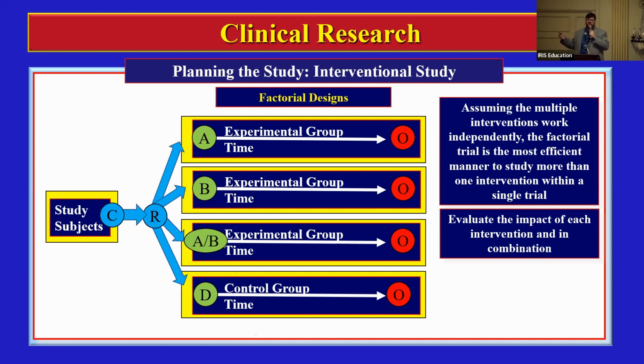So a lot of times studies early in COVID were looking at the combination of azithromycin and hydroxychloroquine. So back in the recovery trial, one of the study arms was actually this AB crossover group where they had both azithromycin, hydroxychloroquine. And so this way you can test combinations of drugs as well.